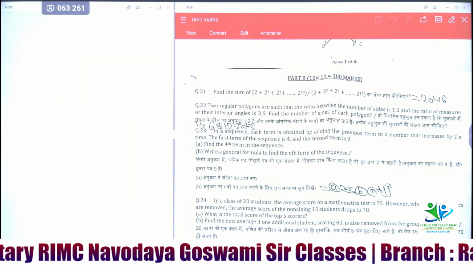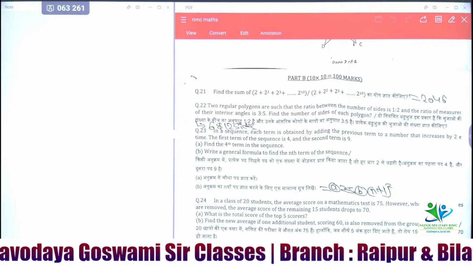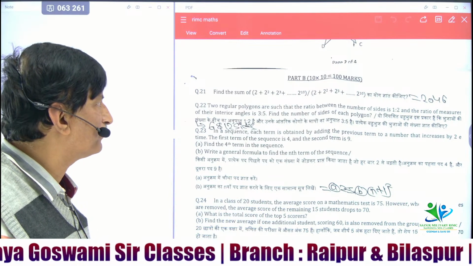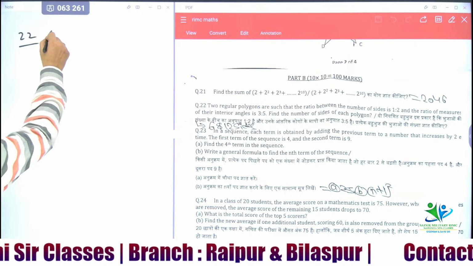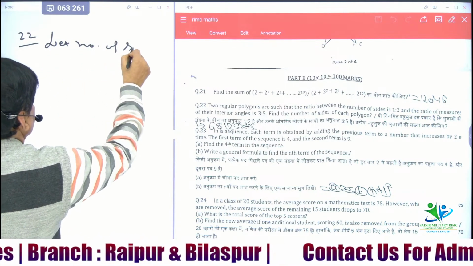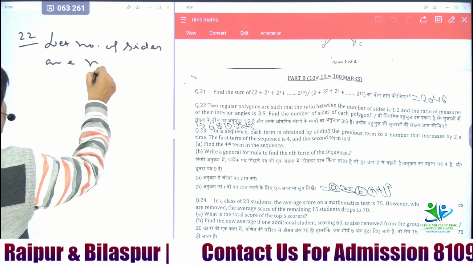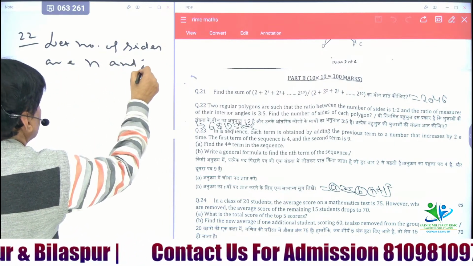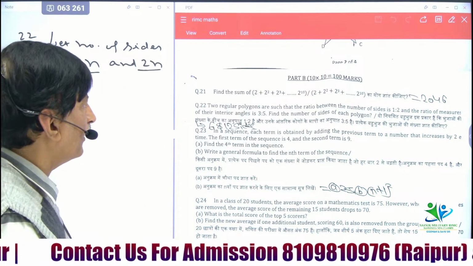Now question number 22. There are two regular polygons such that the ratio between the number of sides is 1:2. Let the number of sides be n and 2n, because the ratio is given as 1:2.